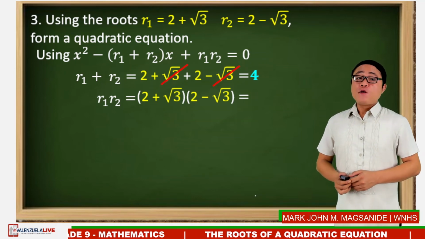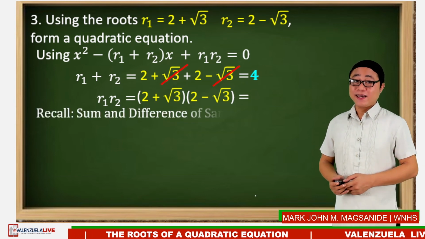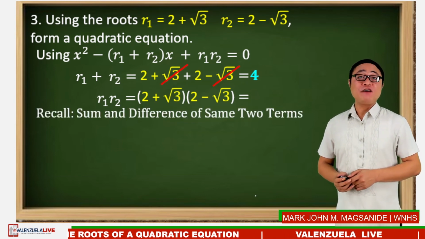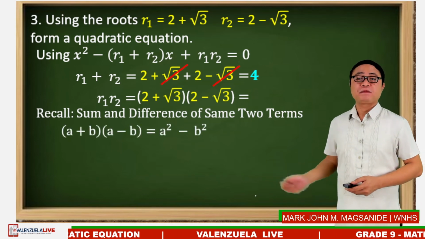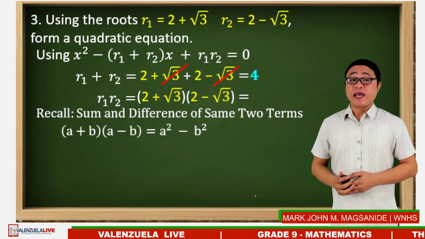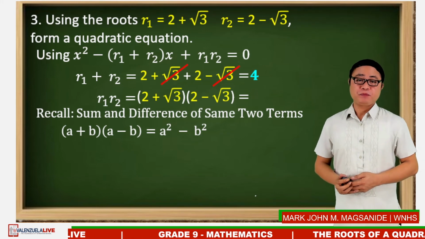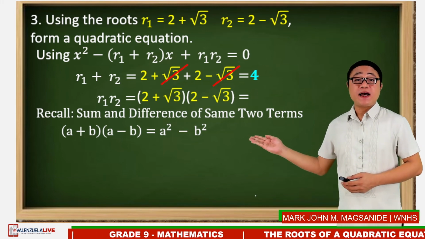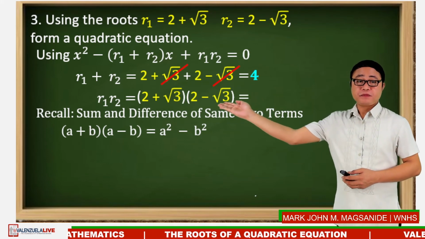With this, we will recall the sum and difference of same two terms, given by this equation. The quantity A plus B times the quantity A minus B is equal to A squared minus B squared. We can apply this formula to find the product of the two roots.